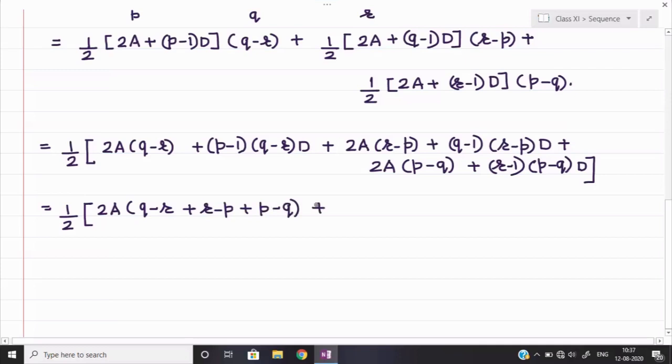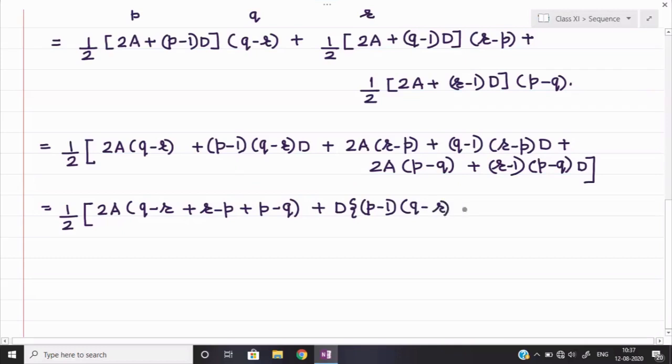Okay, plus from the three remaining terms, that is having two brackets, P minus 1, Q minus R, Q minus 1, R minus P, from those I can take D common. And inside, this P minus 1 and Q minus R, both the brackets I am multiplying. So let us write down first P minus 1 into Q minus R, later we can multiply.